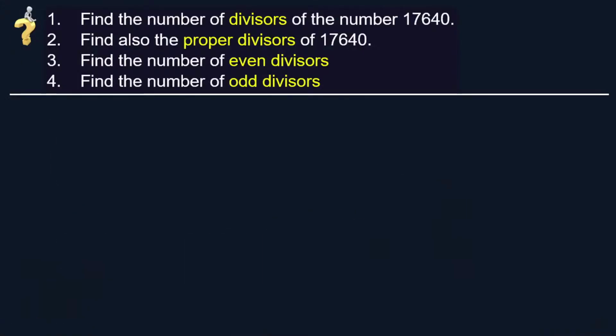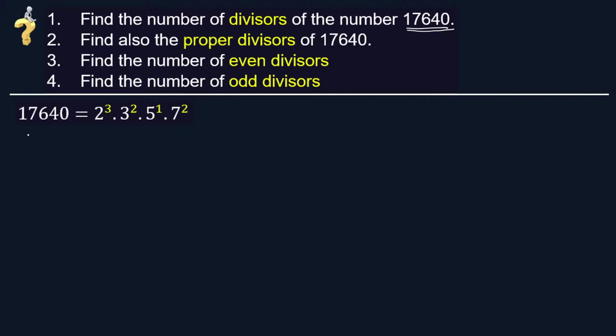Let us see this question. Find the number of divisors of the number 17640. So my first task is to go for prime factorization of this number 17640. I have already calculated it and I'm writing it here. 17640 can be written as 2 cube into 3 square into 5 to the power 1 into 7 square.